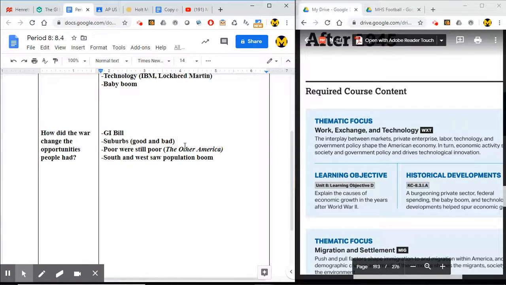There's a lot of good things with this because it provides new housing, new space, but there's also some bad stuff as gentrification happens, as the tax base of inner cities leaves and goes to the suburbs, which is something we'll talk about later on. This is a mixed bag because it provides housing opportunity for people, but it also has negative effects, especially on inner city areas.